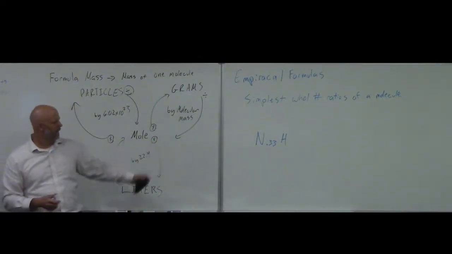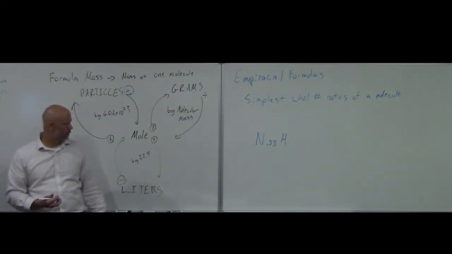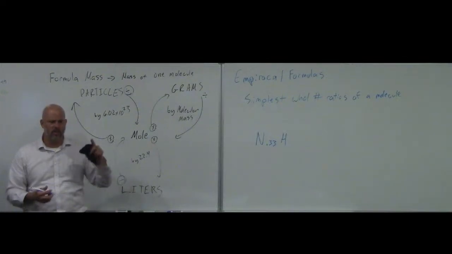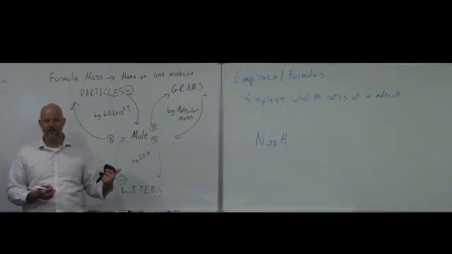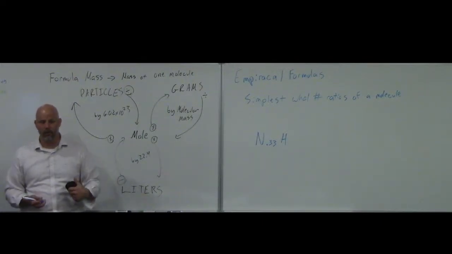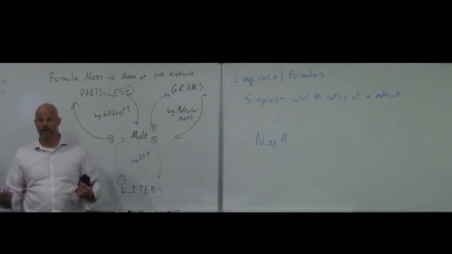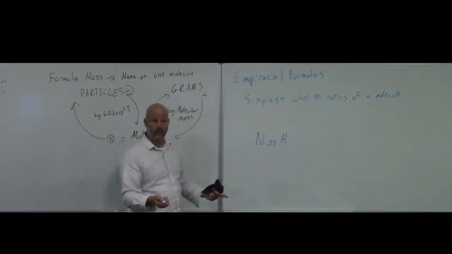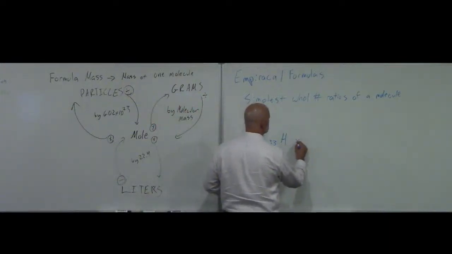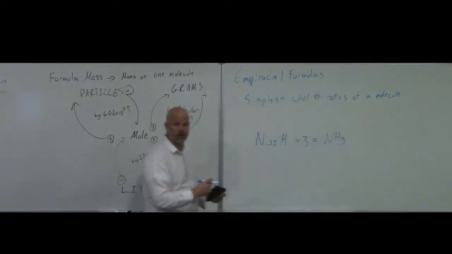Something I find has 1/3 of its atoms are nitrogen, or 0.33 nitrogen, and then H is 1. That's not an empirical formula, right? Because that's not a whole number. What would I need to do to turn that into a whole number for an empirical formula? I need to multiply it by a factor of 3. 3 times 0.33 will get me to 1, right? So this times 3 equals NH3, and I'm back to ammonia.